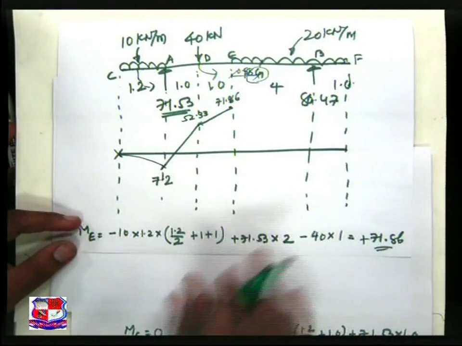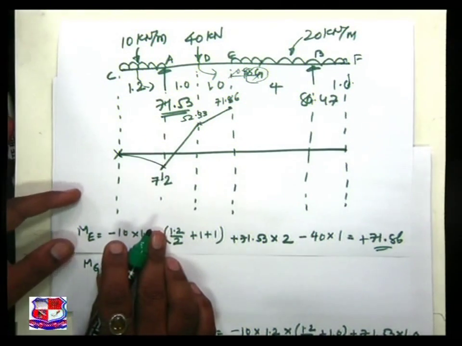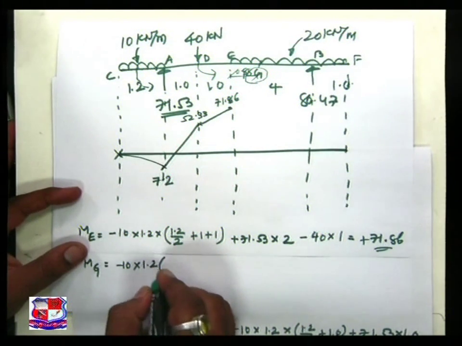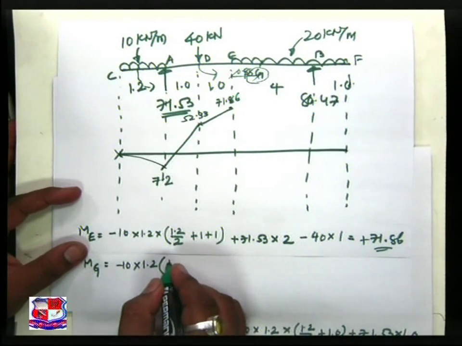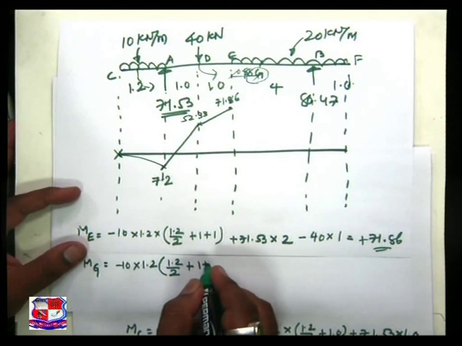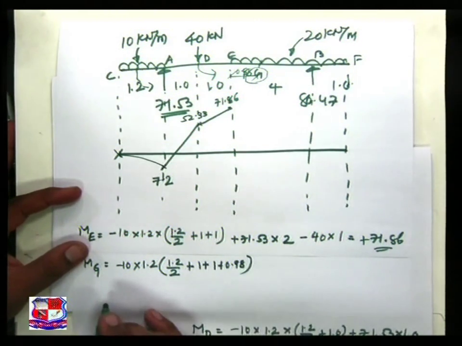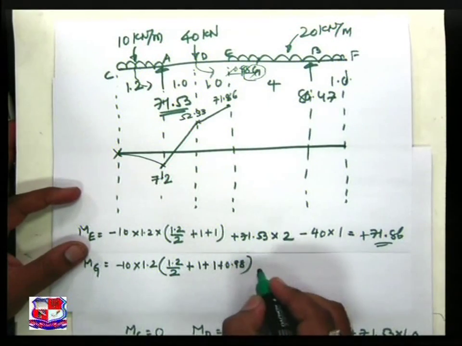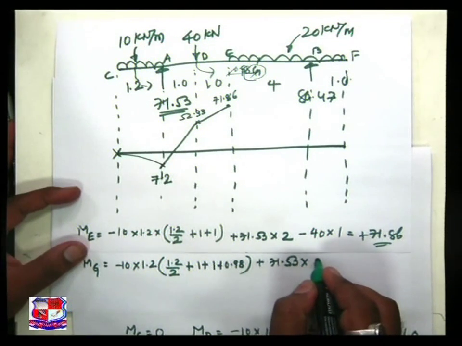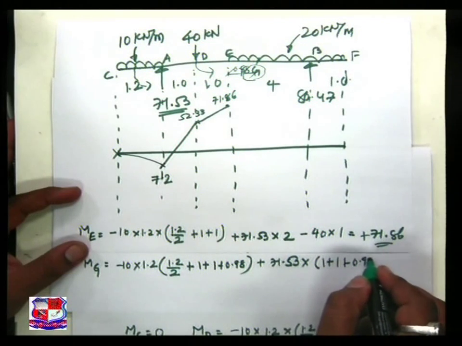Moment at G is equal to minus 10 into 1.2, this is my total load, multiplied by 1.2 by 2 CG distance plus 1 plus 1 plus 0.98, this much is the perpendicular distance, plus 71.53 into 1 plus 1 plus 0.98.